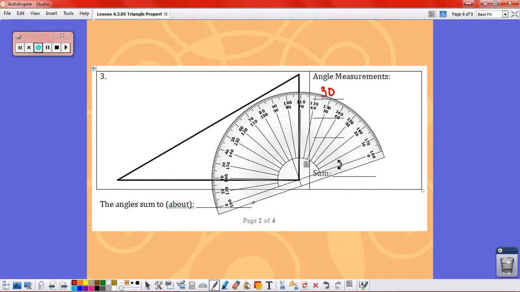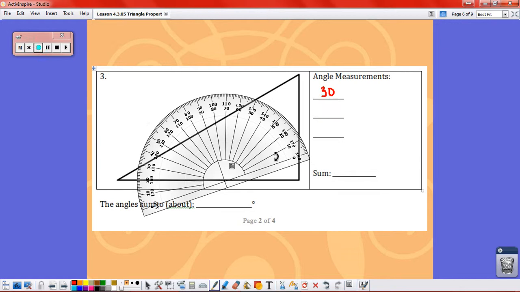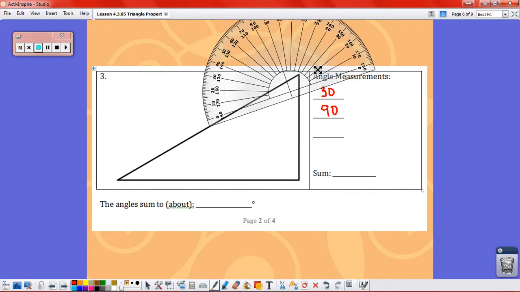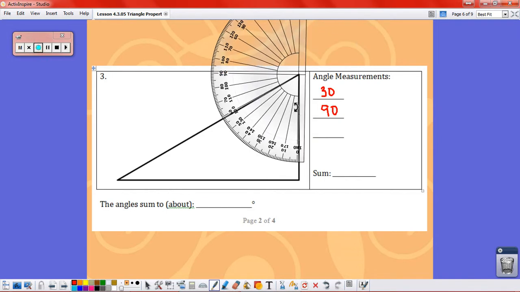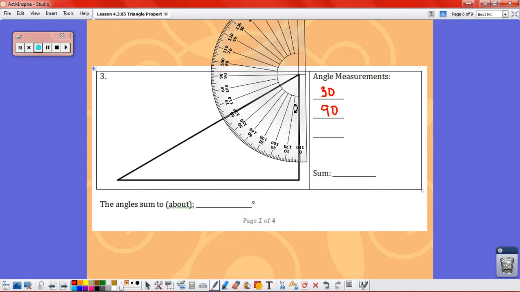Whoa. Well, I'm going to need to rotate it anyway. I just did it a little earlier than I intended to. Line up the 0 point and the vertex. Rotate. That is an acute angle, and it's around 60. This is not quite lined up, so I'm going to go with probably 60 degrees.